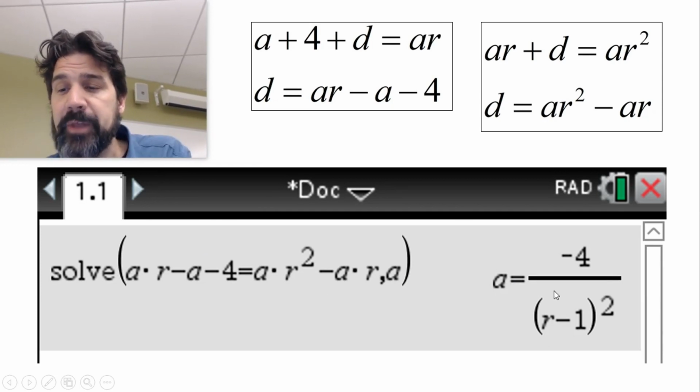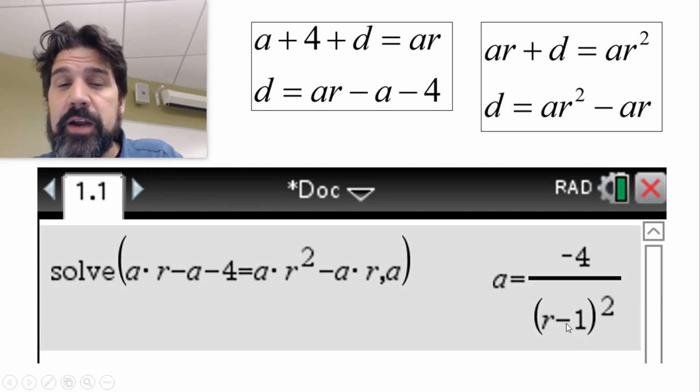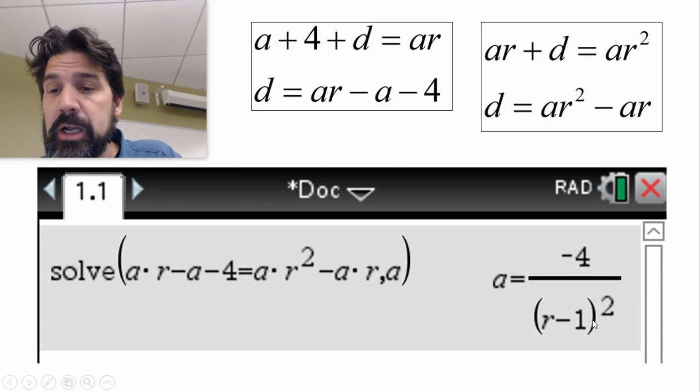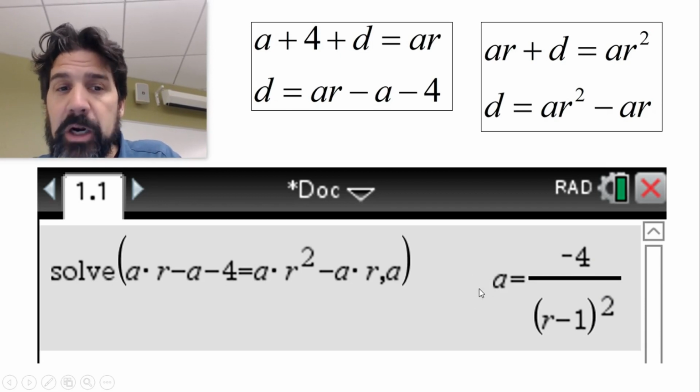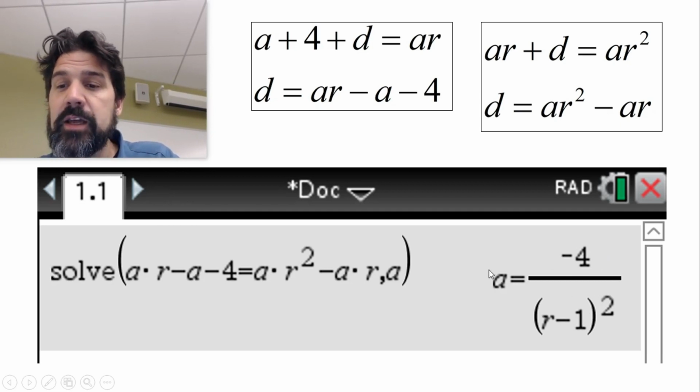Now notice something. I'm taking -4 and dividing it by an integer squared. Any integer squared is going to give me a perfect square. And I want -4 over a number to equal an integer. The only thing I can divide -4 by that's a perfect square that will give me an integer is 1 or 4.